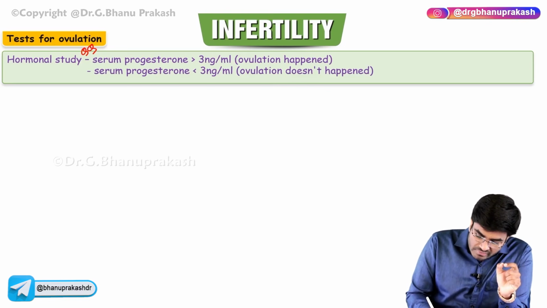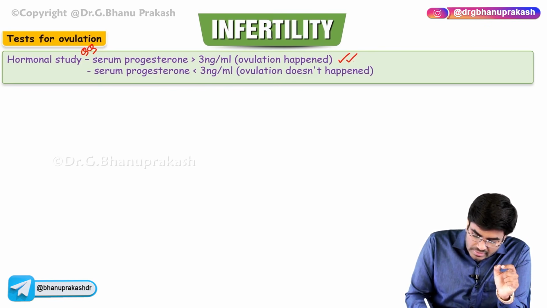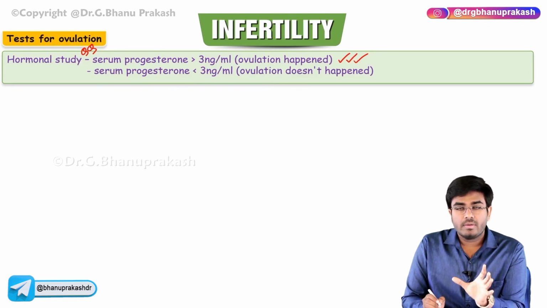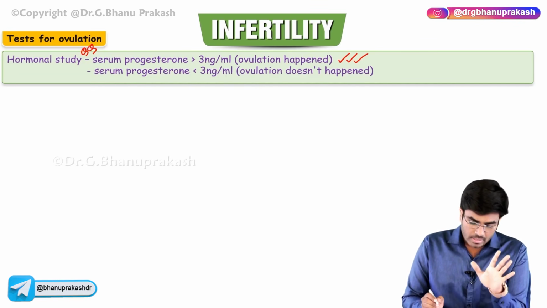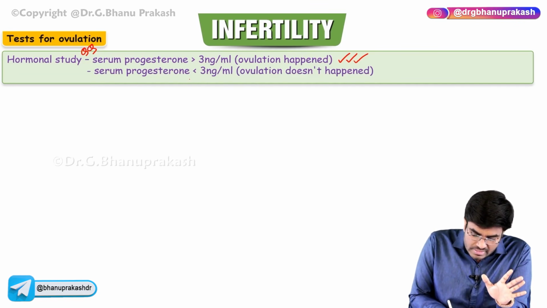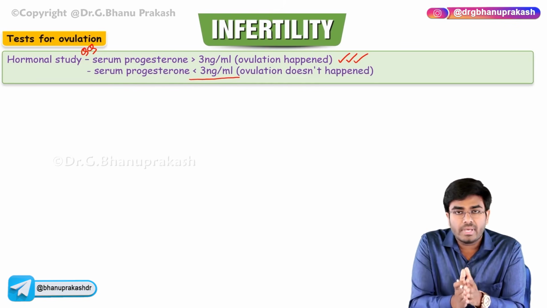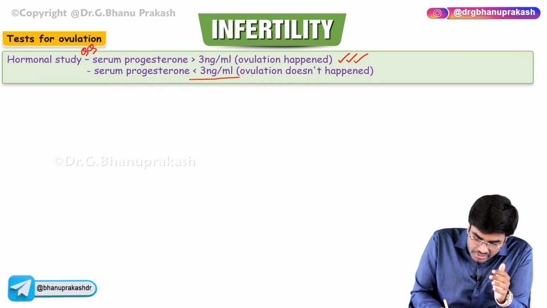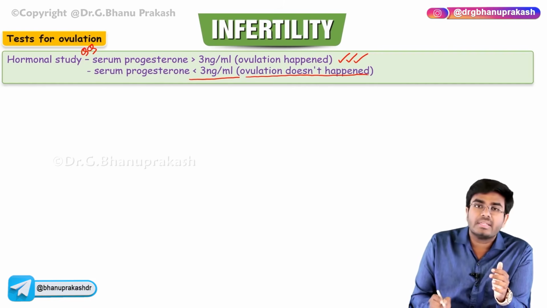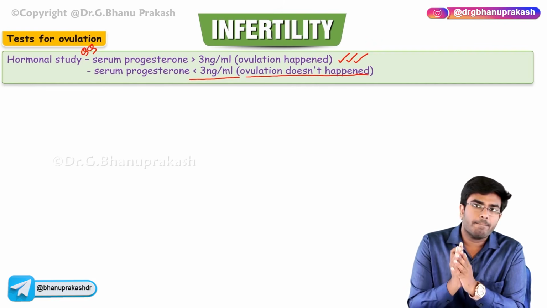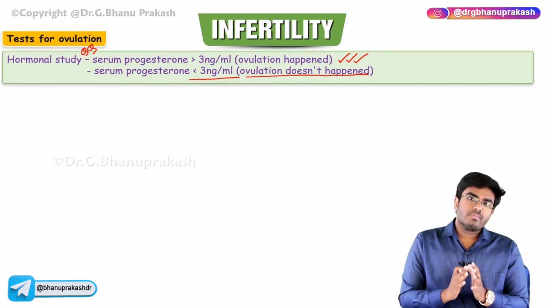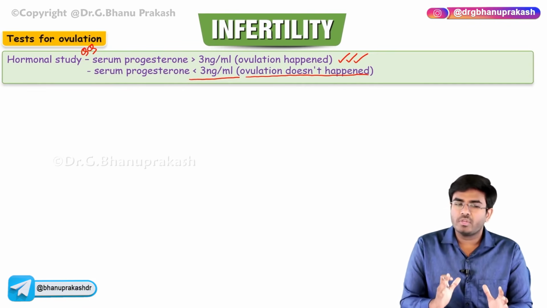If progesterone levels are more than 3 nanogram per ml, progesterone is there, so ovulation happened. If serum progesterone levels are less than 3 nanogram per ml, it indicates ovulation does not happen, that is anovulatory cause of infertility.